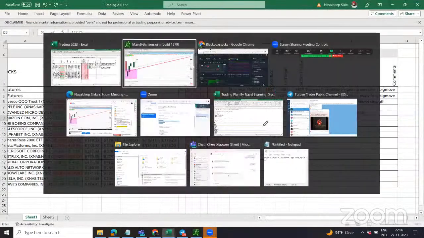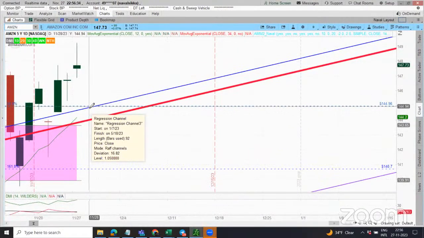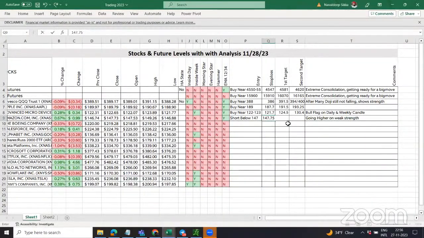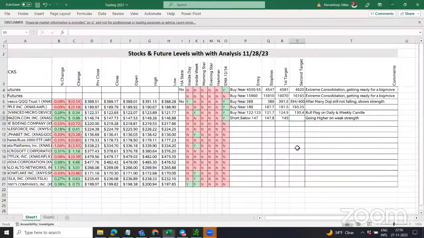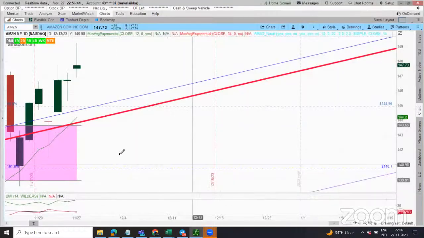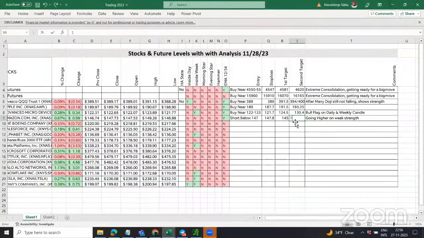And target will be 145. Again, I am not inclined to say that this will go too much, but I'm just going to do a back test, 144 or 143.65.